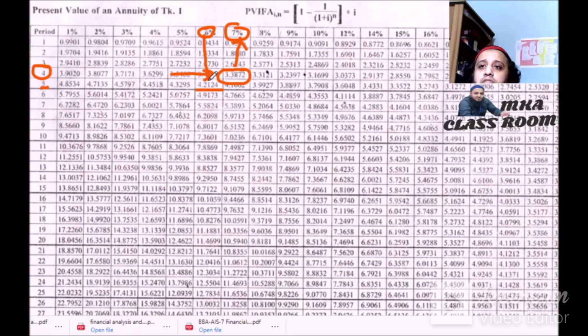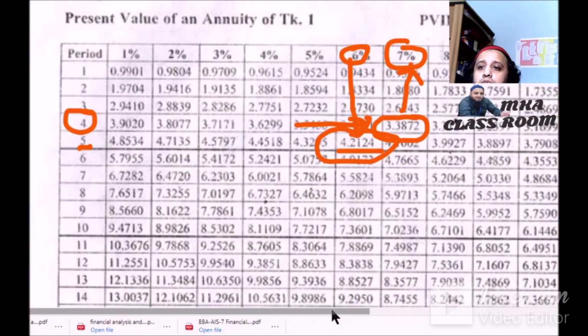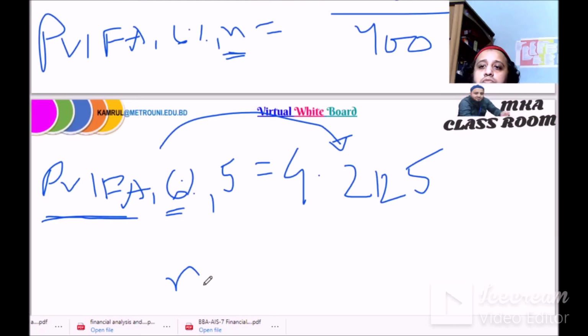So this should be our answer, 4.2124, and year is 5. So n equal to 5 years.